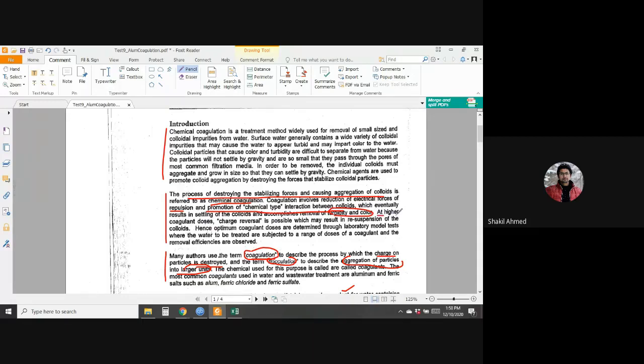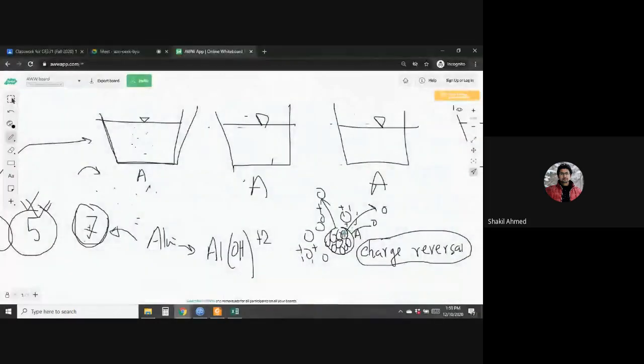Now, at higher coagulant doses, charge reversal is possible, which may result in resuspension. Resuspension means they will again be in suspension, separated from each other. Whatever was settled, now they will come again into the solution.